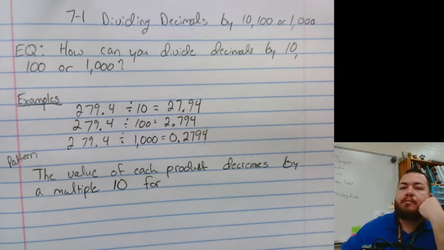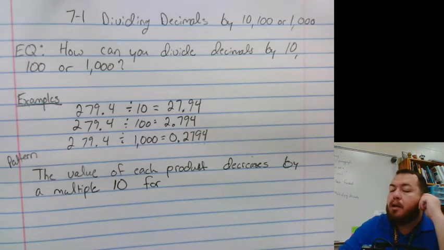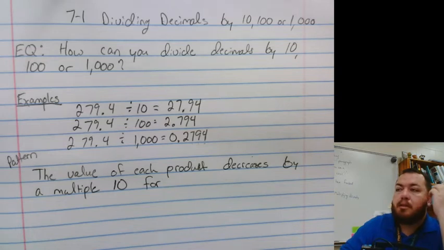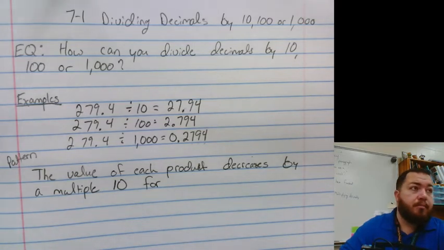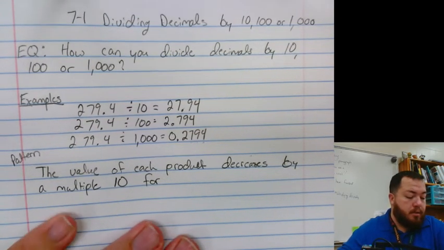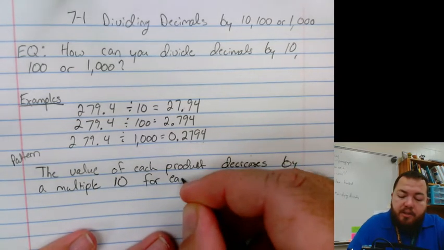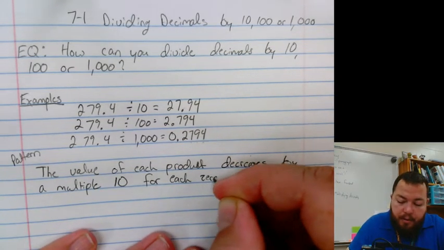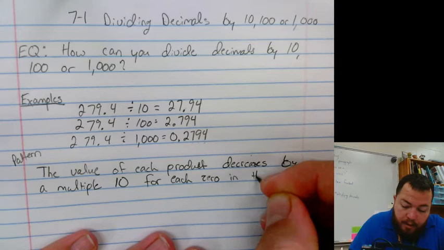How many places by the digit of 10 are we decreasing? Jonathan. 1, 0. Okay, for each 0, right? Is that what you had, Charm? By the numbers of 0 we decrease. Okay, for each 0 in the divisor.